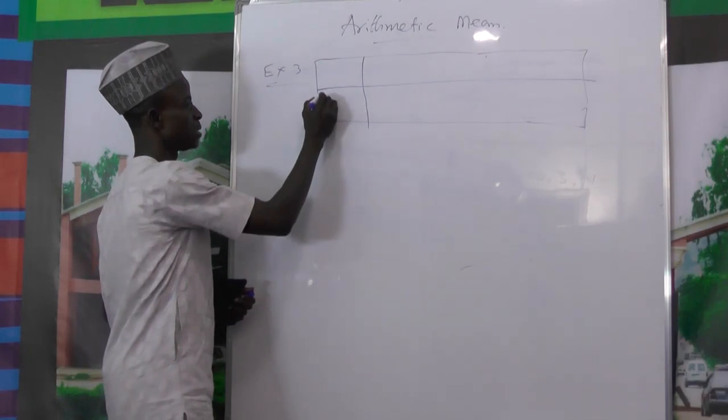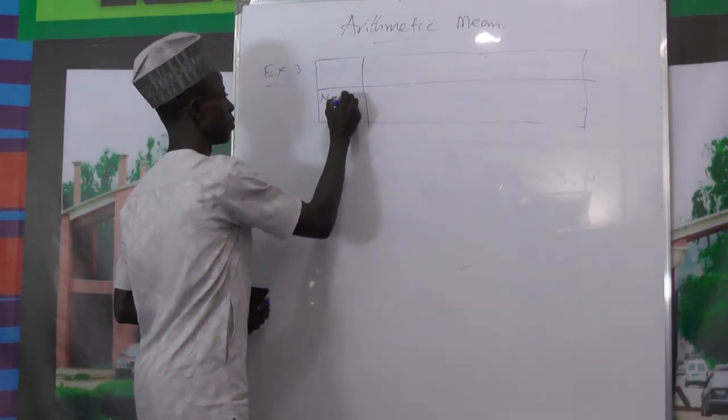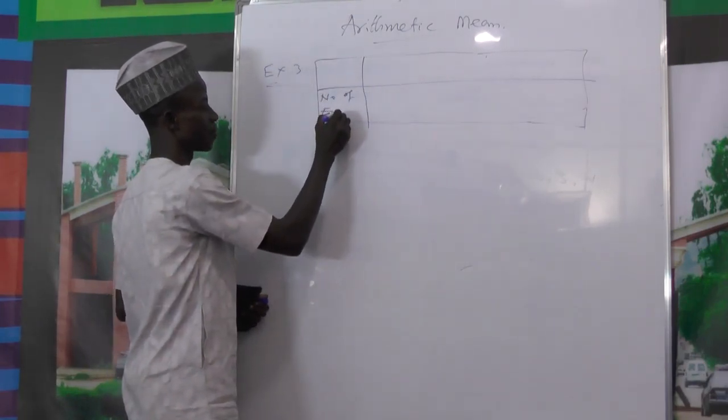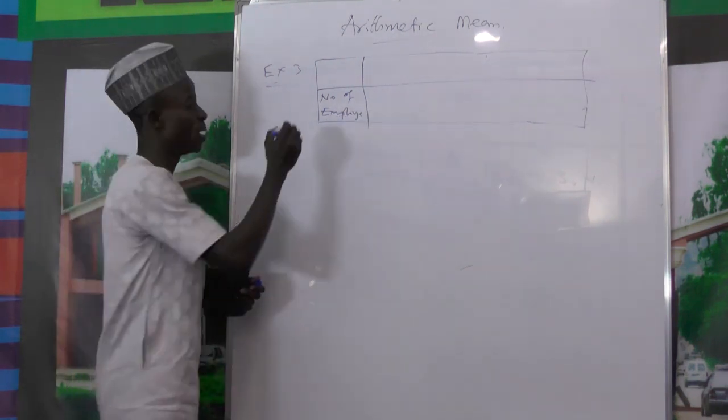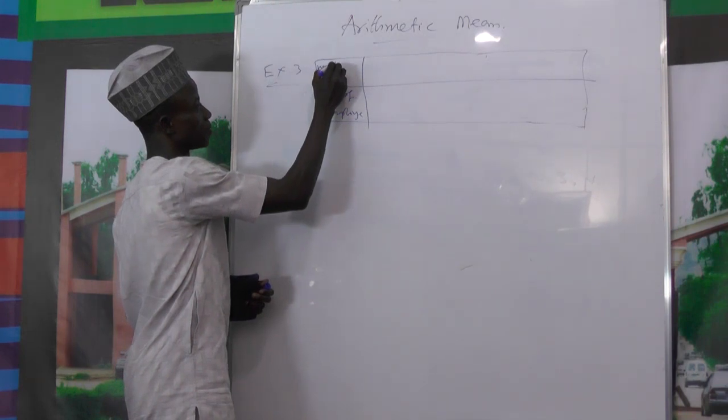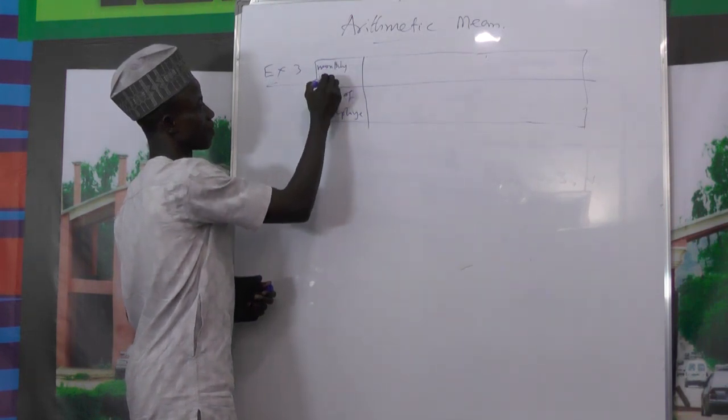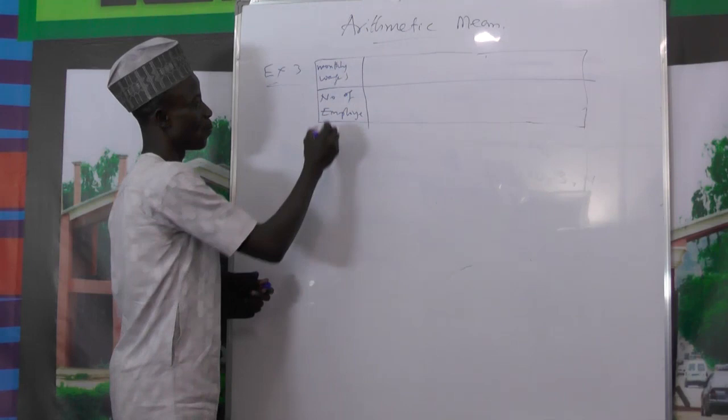That is, this represents the number of employees. Then we have the monthly wages, so per thousand.